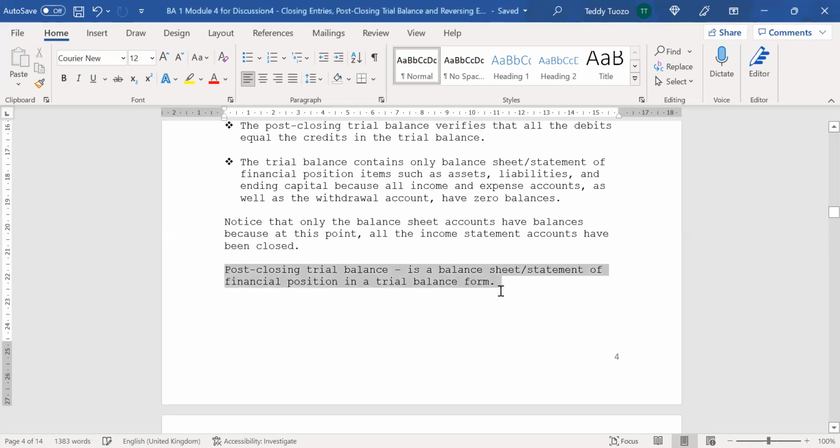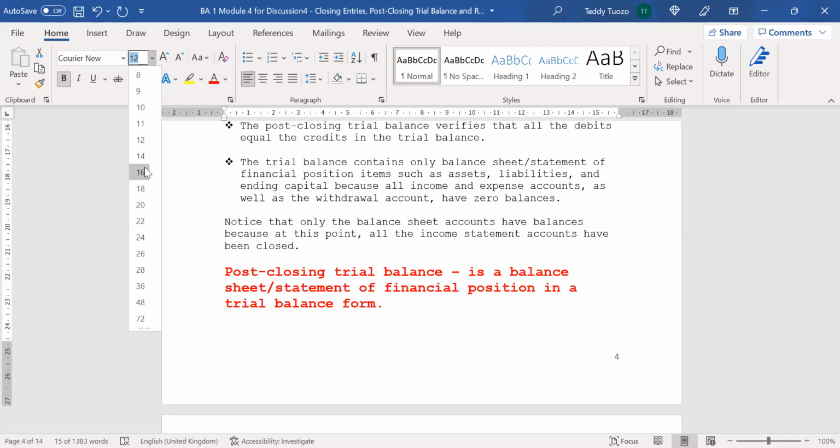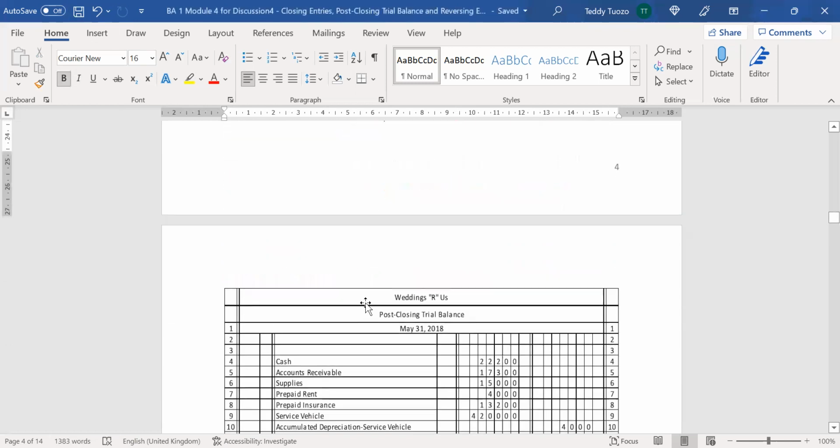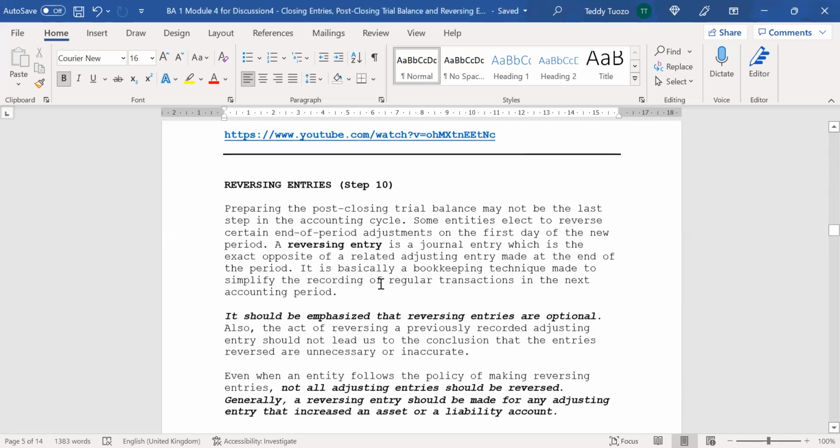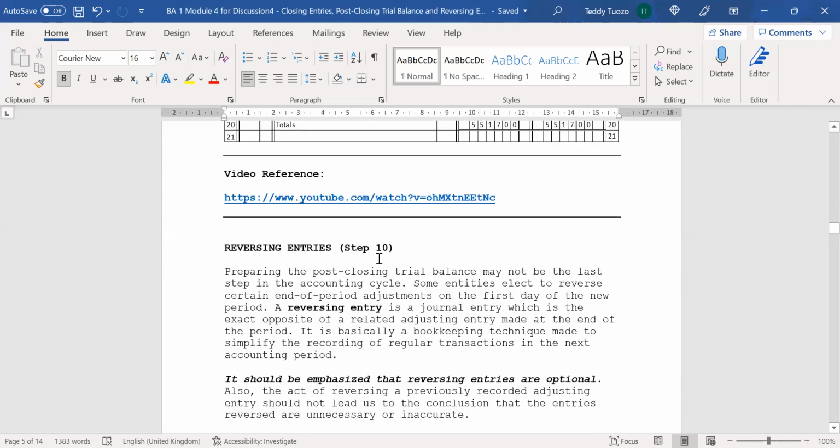You have to take note of that. Again, what remains are only assets, liabilities, and capital, which are the elements of the balance sheet or the statement of financial position. Next step is the reversing entries, step number 10.